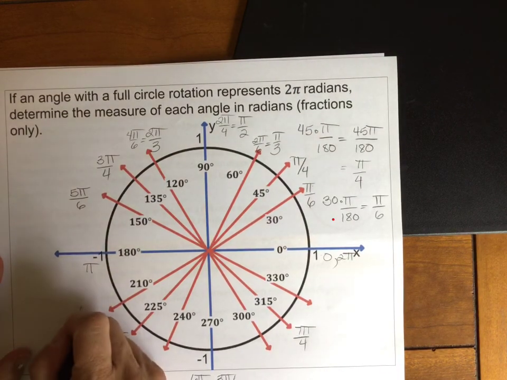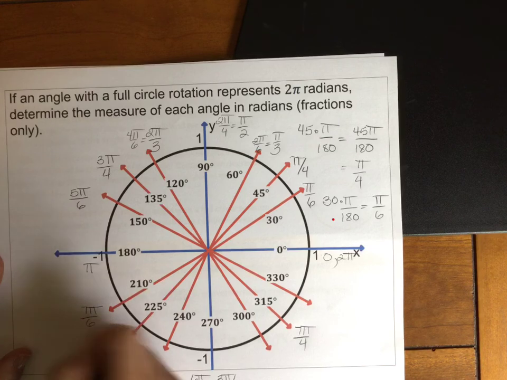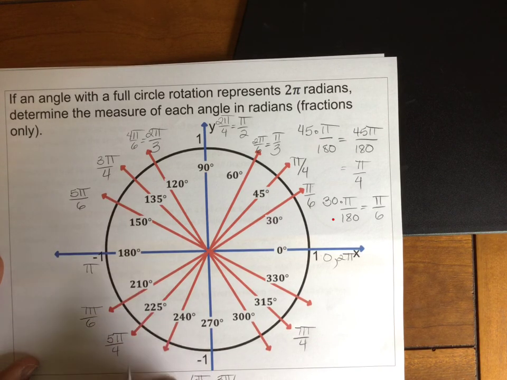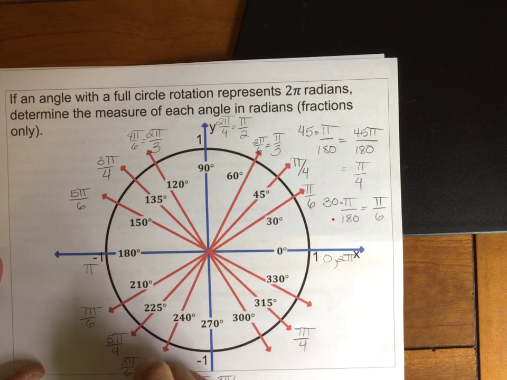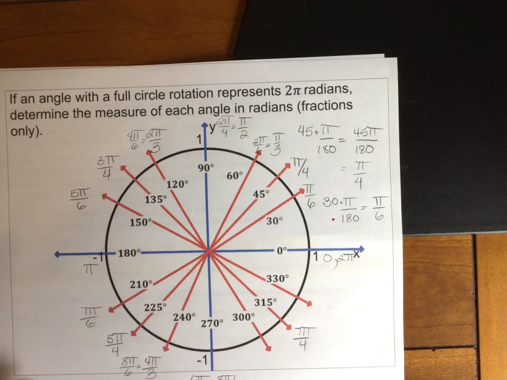Here's 7 pi over 6. We come over here to 8 pi over 6. But that reduces to be, let's see, 2 goes in there, 4 pi all over 3.